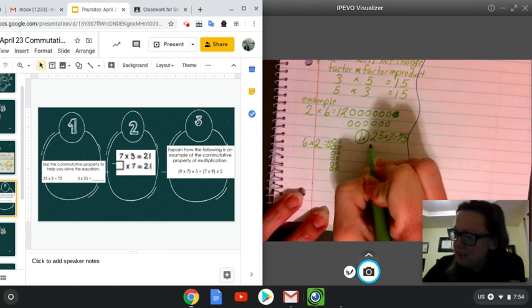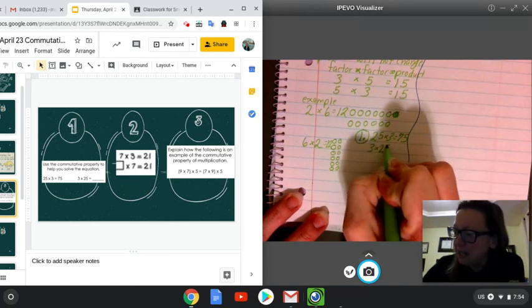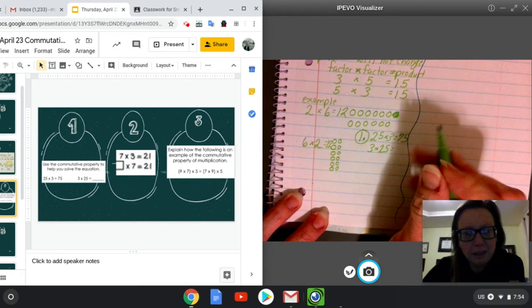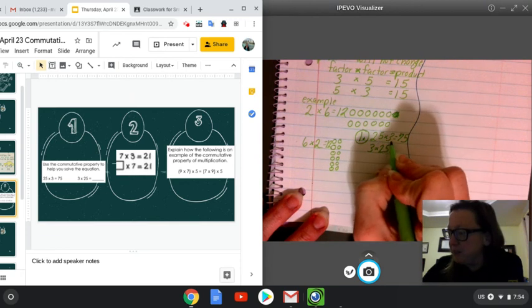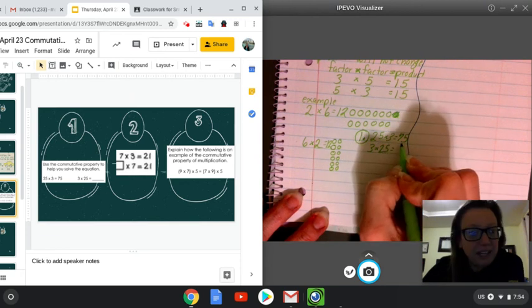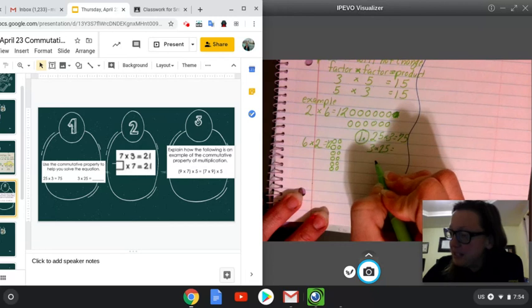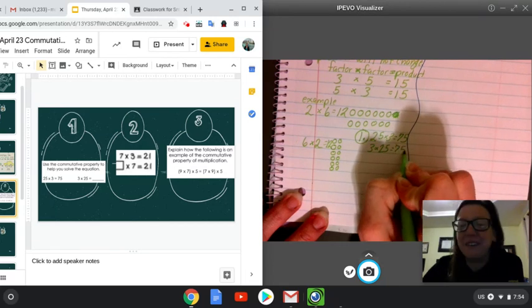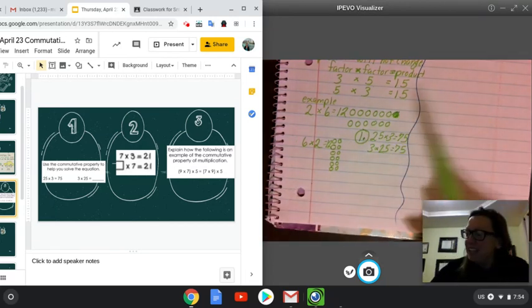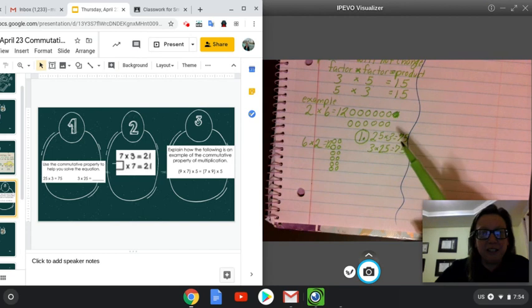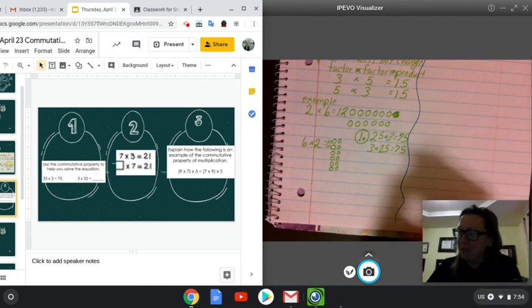And then they're asking, what is 3 times 25? Well, if 25 times 3 equals 75, then 3 times 25 is going to equal the same. Good. Doesn't matter what order the factors are in, the product is still the same.